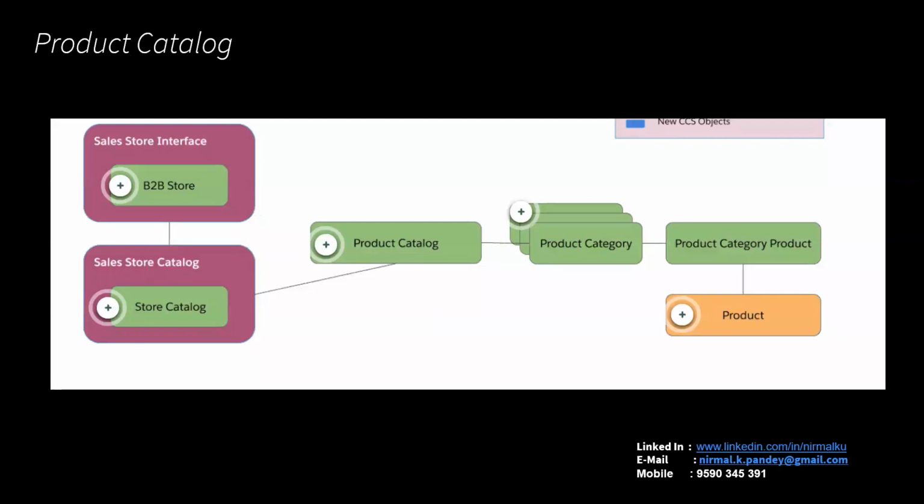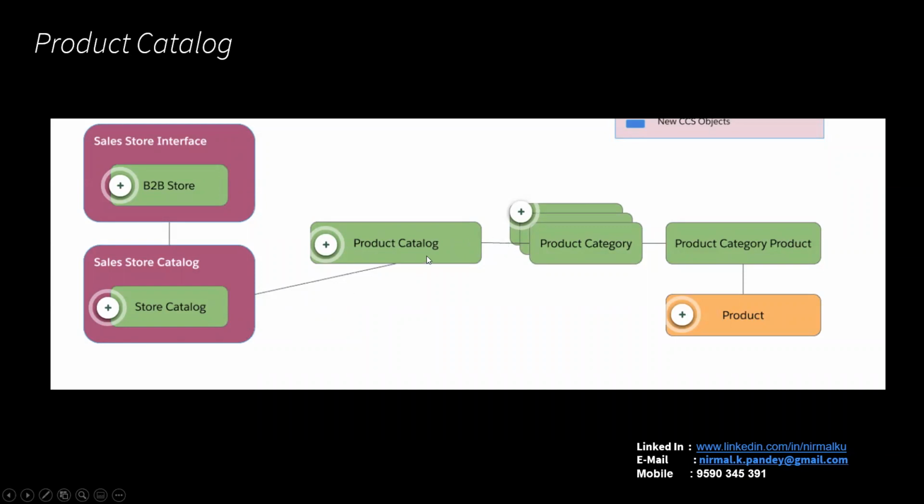Now coming on to the product, so we have this B2B store and the store catalog, which, like we said, is kind of a menu. You might have seen it on Amazon, right? When you browse, at the top it shows groceries and so on. The category navigation, right? That is what is called the catalog.